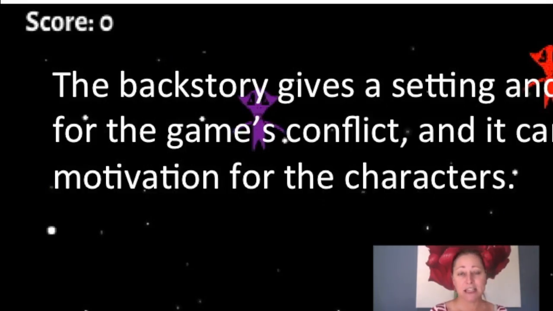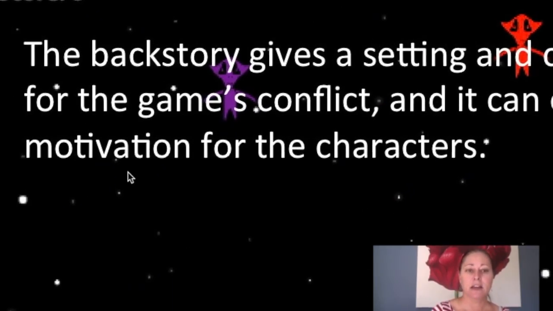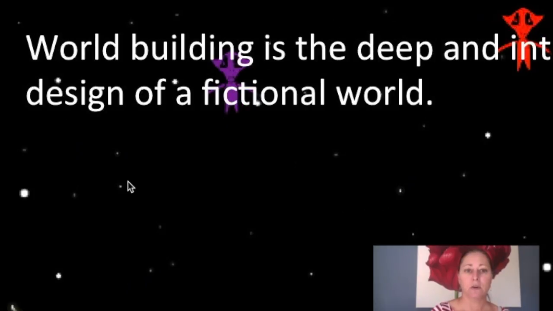That might be interesting to know, what that frog's motivations are for having to get back to the lily pad. So think about when you're creating your game what the backstory might be. What happened to get the character to that point where they're trying to meet this objective in the game. And that can help deepen understanding on the part of the players and have them feel invested in really helping the character reach that goal.